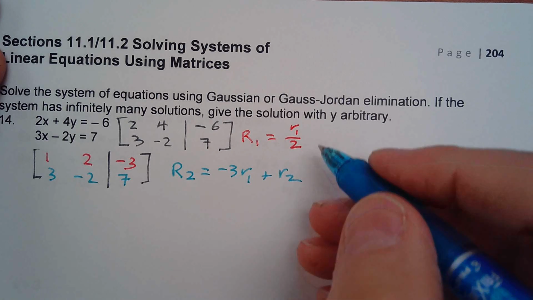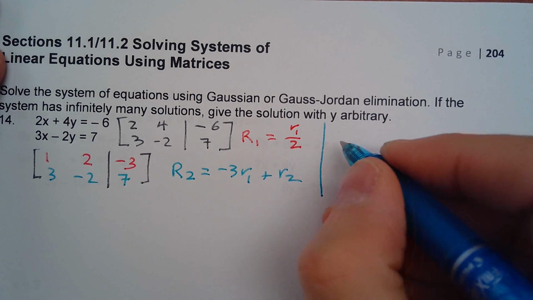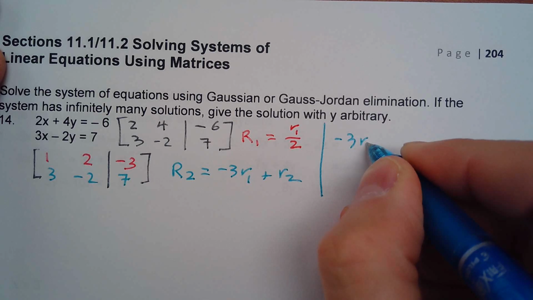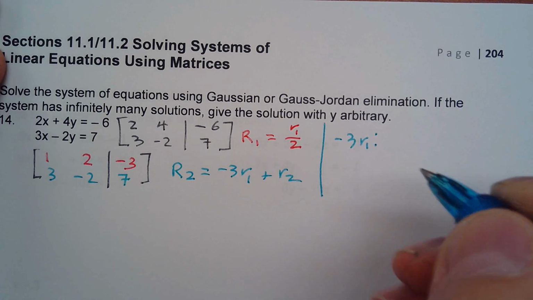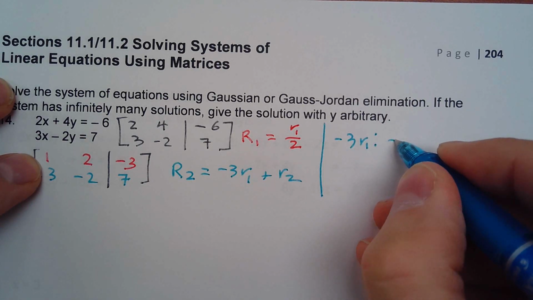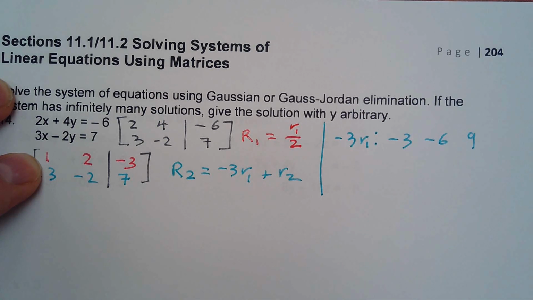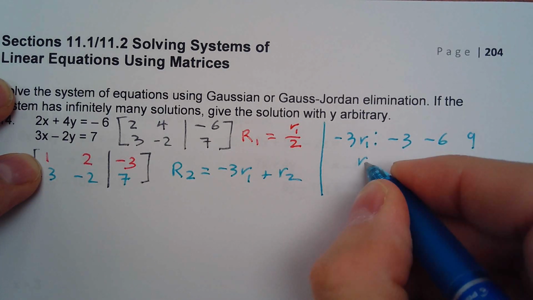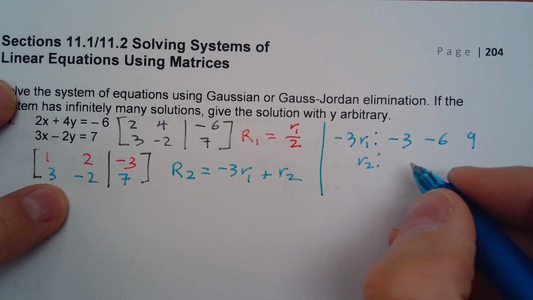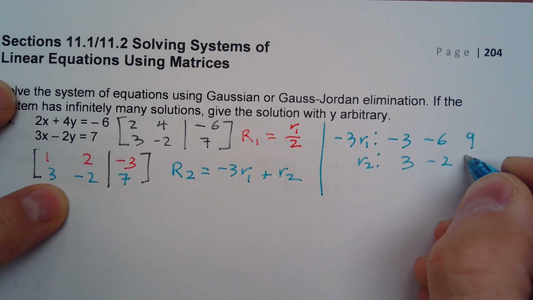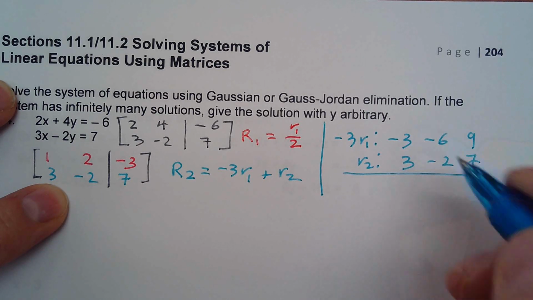Let me do it off to the side here on my scratch paper. I'm going to multiply this by negative 3, write down row number 2 underneath it, which is 3, negative 2, 7, and add it.